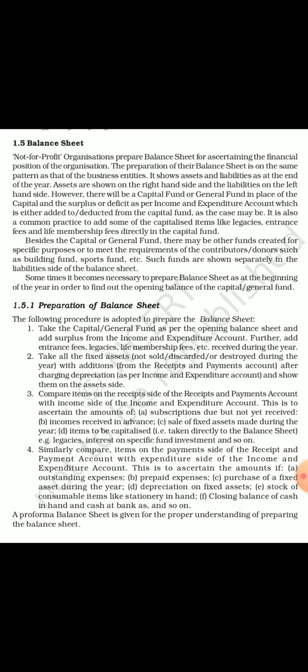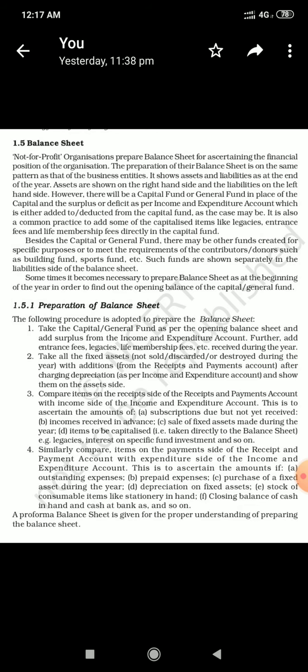Next, compare items on the receipts side of the receipts and payment account with the income side of the income and expenditure account. This is to ascertain the amount of subscription due, outstanding, prepaid, or any type of advance.